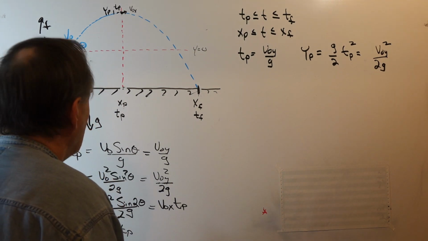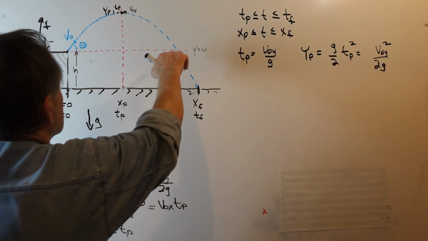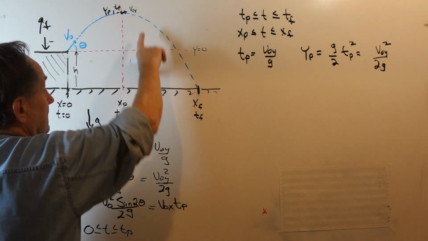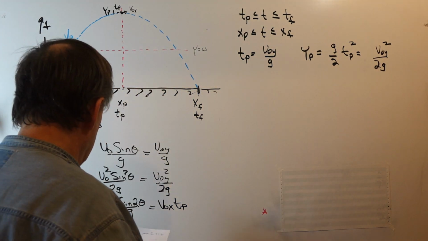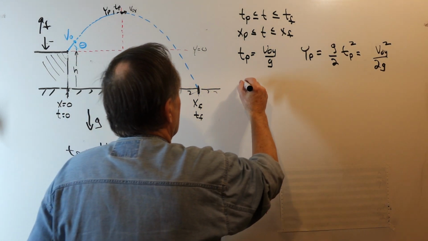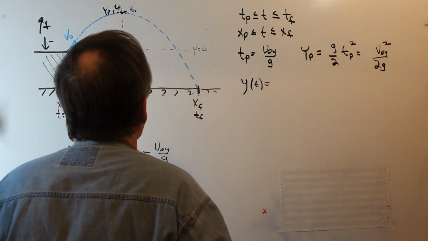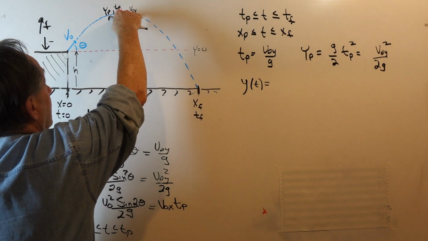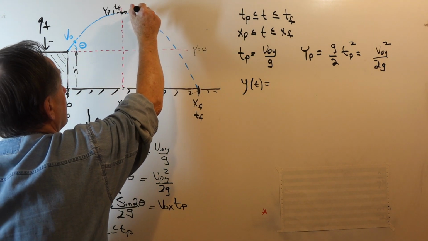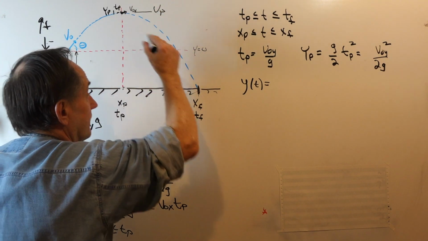Now, how about the equation for vertical height as a function of time? Well, y as a function of time will be, we start at our initial height, which is y peak.